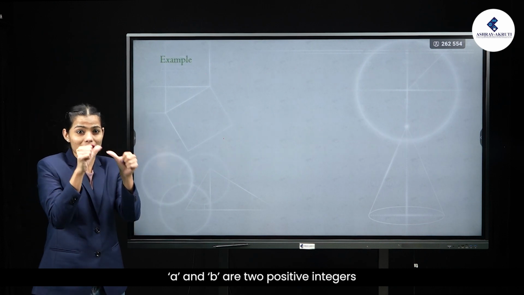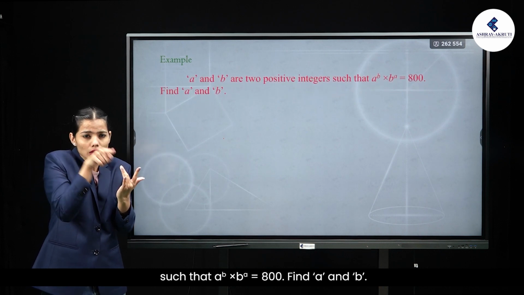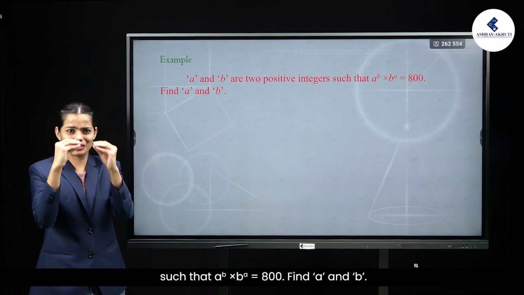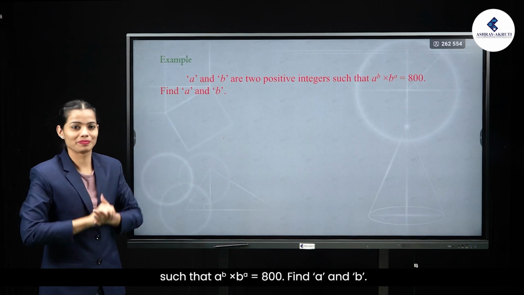Example: a and b are two positive integers such that a power b into b power a is equal to 800. Find a and b.